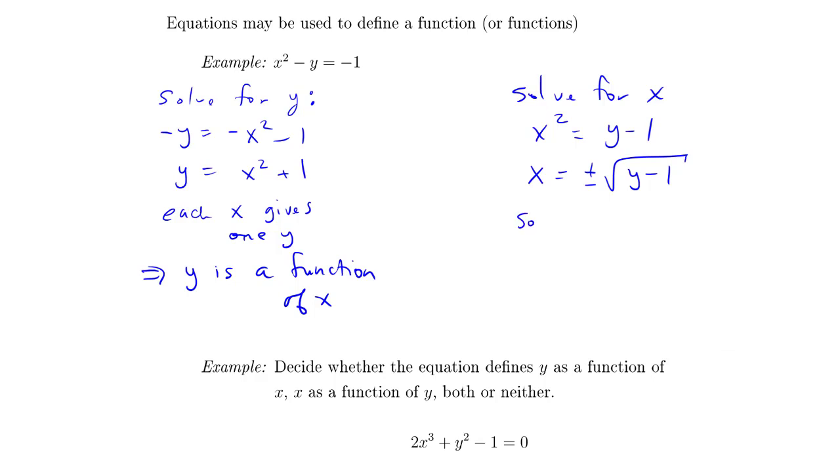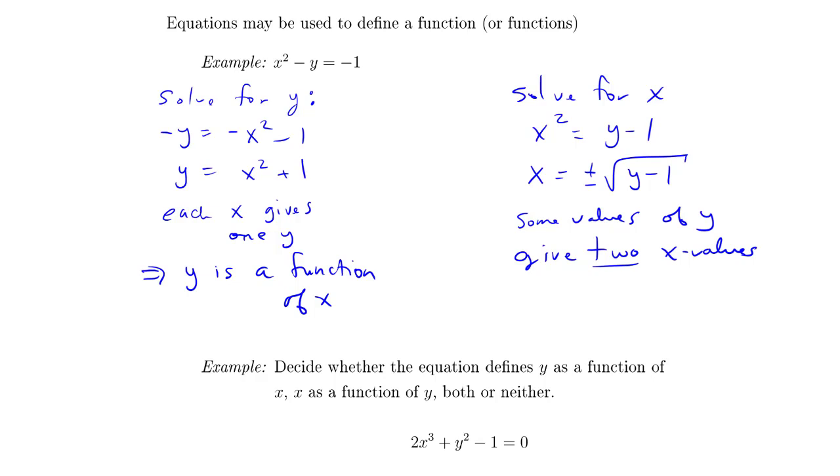But notice that some values, in fact almost all values, of y give 2 x values, right? Because if I put in y of 2, I get the square root of 2 minus 1 is 1, but I get plus or minus that. So I get plus 1, I get minus 1.